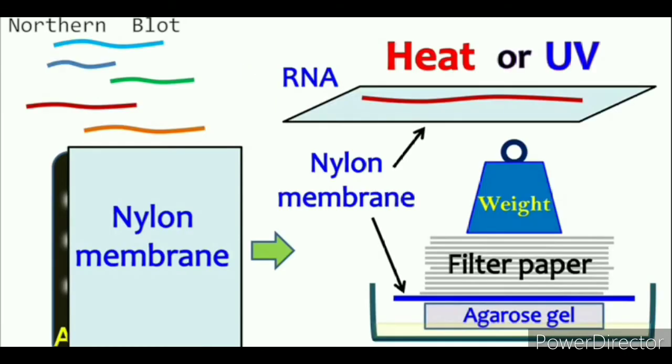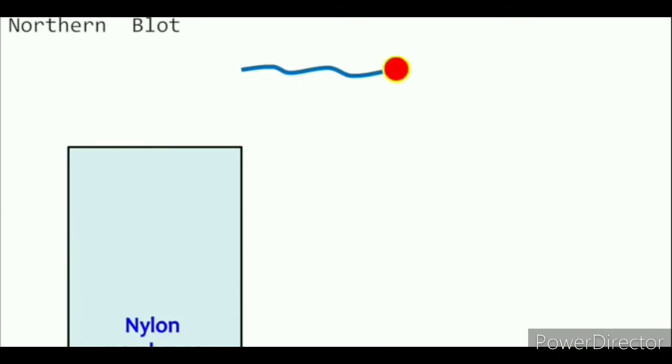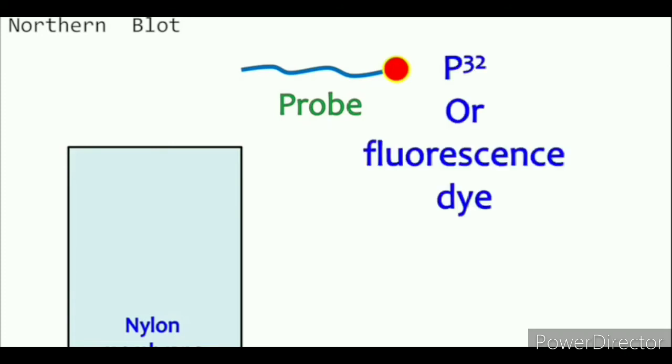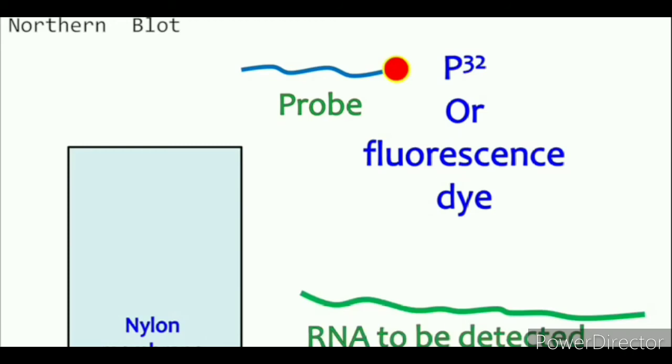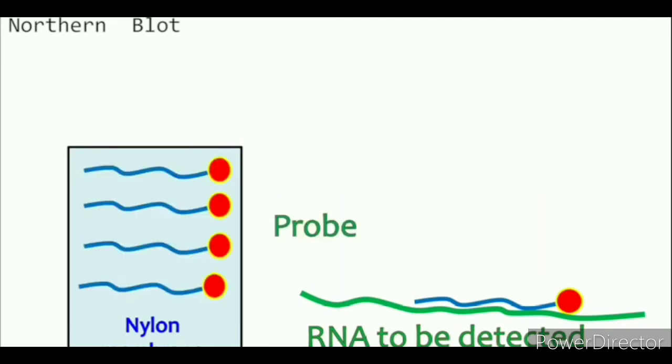What is a probe? It is a popular tool for identification of viruses and other pathogens. The probe can be either single-stranded DNA or RNA labeled with P32 or a fluorescent dye. The probe has a sequence complementary to the RNA which is to be detected.